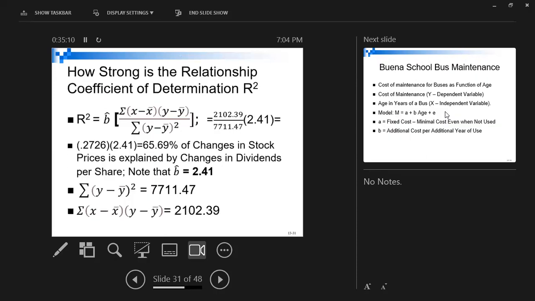There's a whole lot of research on it in finance. Okay. This is a model of the maintenance cost of a vehicle depending on age, depending on mileage.